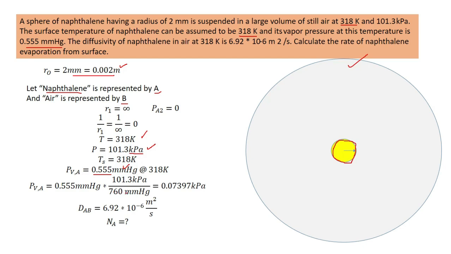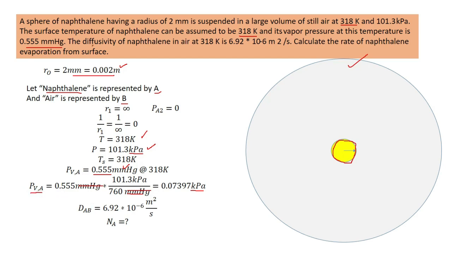You know that 760 millimeter of mercury is equal to 101.3 kPa. The mmHg will cancel and you will get your answer in kilopascal. So this is the vapor pressure of naphthalene.